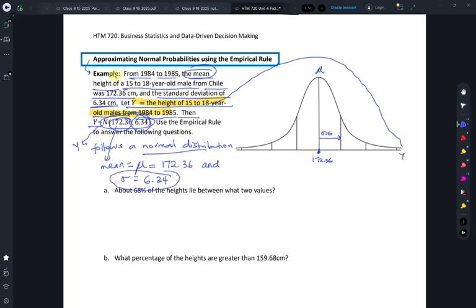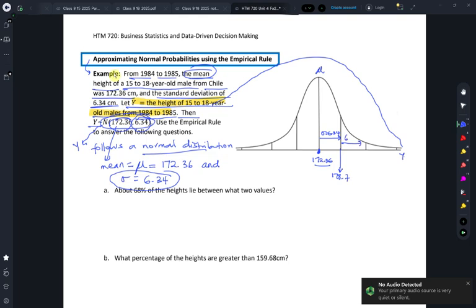Then, from the center, we can take a step or a standard deviation forward. The size of that step is 6.34. So if we said from 172.36, if we added 6.34, we would arrive at the number 178.7.